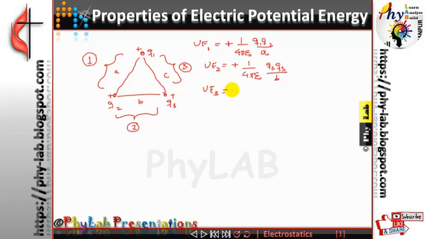This is also a like pair, so the potential energy will again be positive, 1 upon 4 pi epsilon naught Q1 Q3 by C.